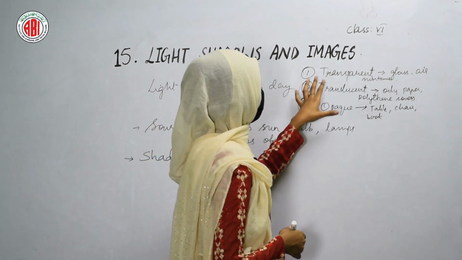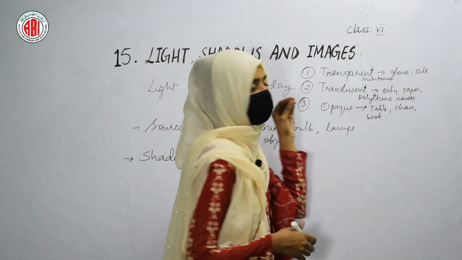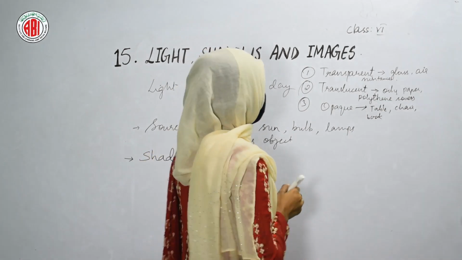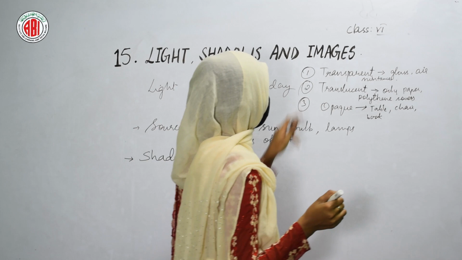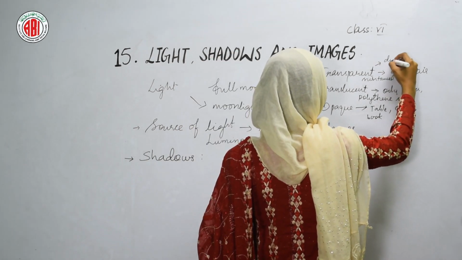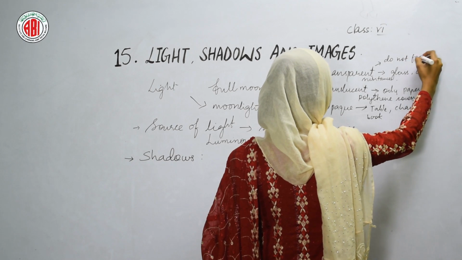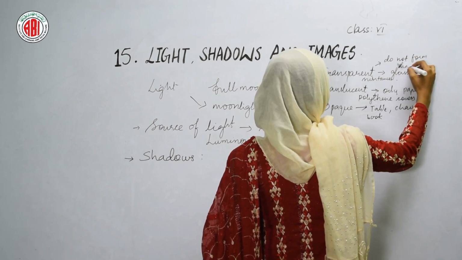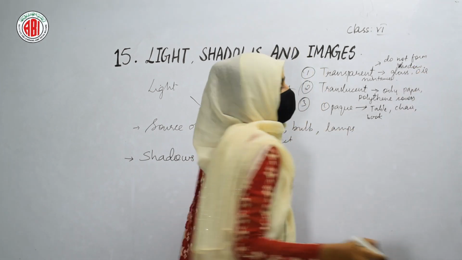When we talk about transparent objects, we know that these are the objects that allow the light to pass through them. So transparent objects do not form shadows. The objects that do not form shadows are called transparent objects. Air is a transparent thing.